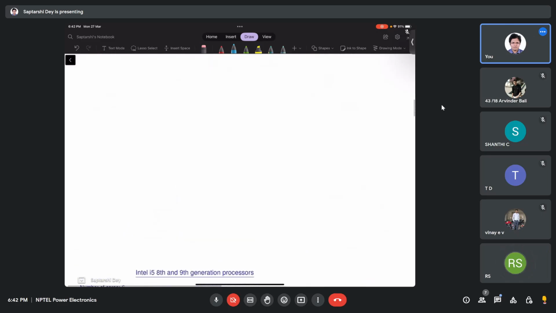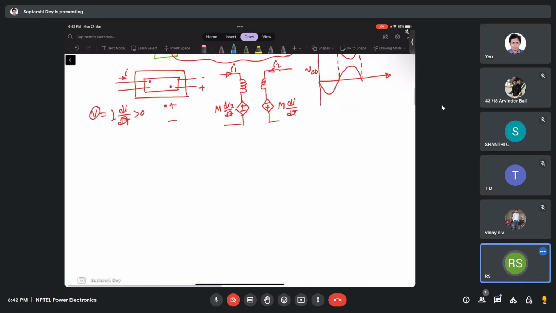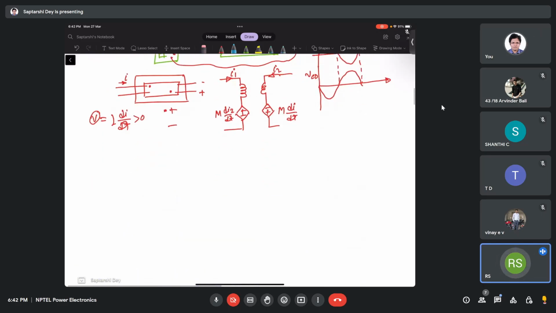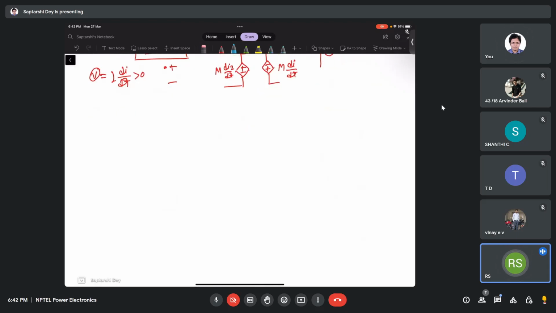Sir, you said in flyback converter we actually use the coupled inductor instead of a dual transformer. Does that mean the two windings will store higher energy compared to the transformer in forward converter? Yes. In fact, we want it to store energy.